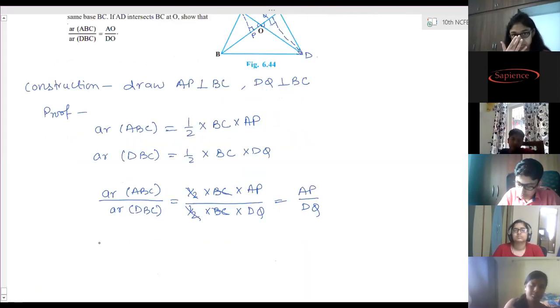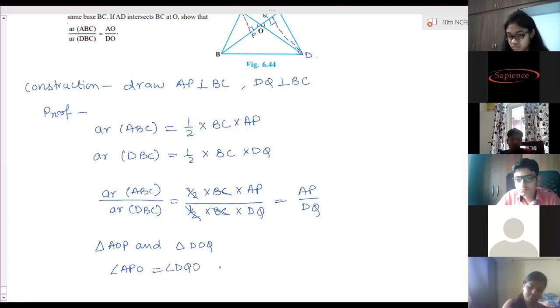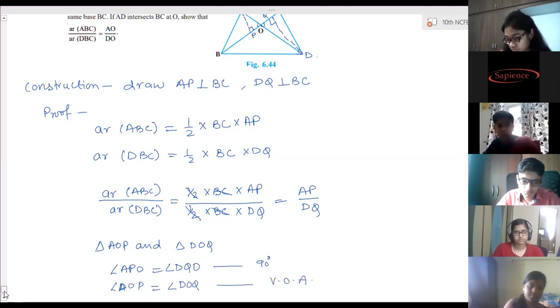Okay, now triangle AOP and triangle DOQ. In these triangles, angle APO is equal to angle DQO, 90 degrees. And angle AOP is equal to angle DOQ, vertically opposite angles.